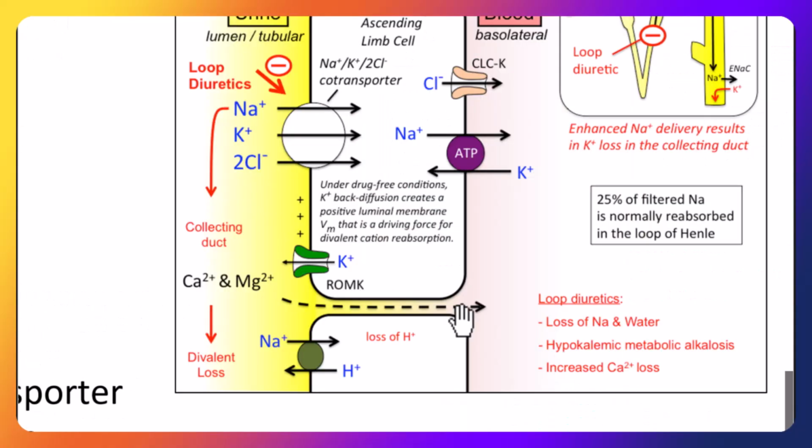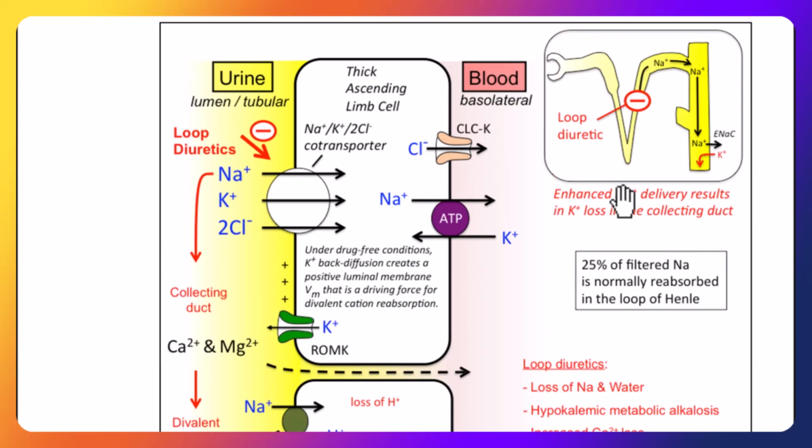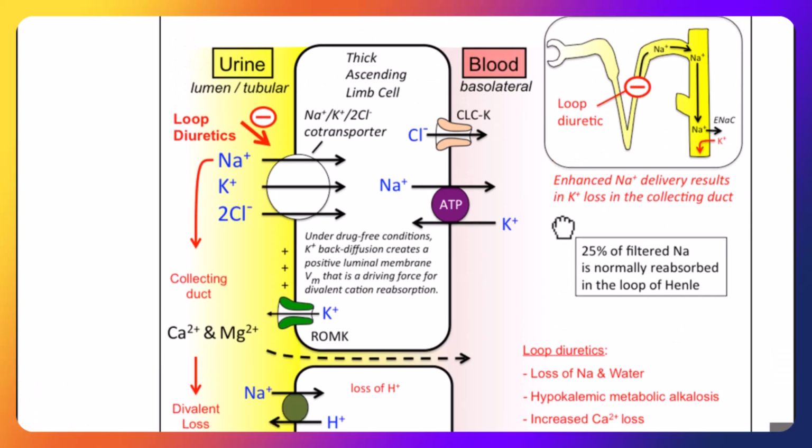The final thing I wanted to mention is an additional risk of the use of loop diuretics, and that is hypokalemic metabolic alkalosis. The basics of this is that when someone is on a loop diuretic, we know that the body is going to be increasing the amount of sodium that's excreted in the urine. And of course, this is all really happening at that ascending limb.